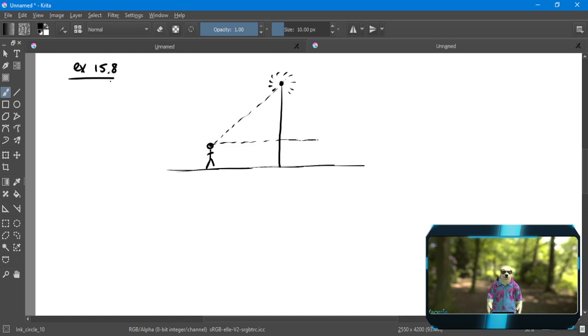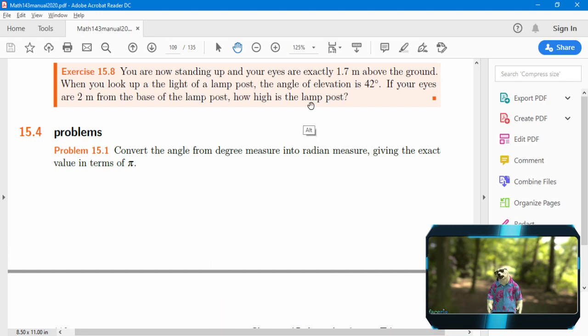There's the horizontal line, and this angle is 42 degrees. So there I have my triangle. Now this distance over here, I'm still 2 meters away from the lamppost. Let's double check. 2 meters away from the lamppost.